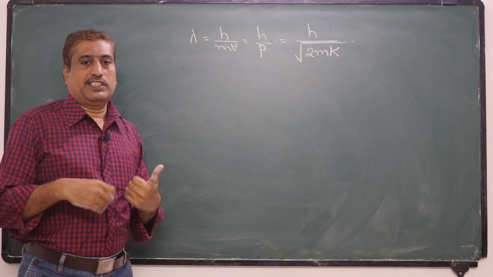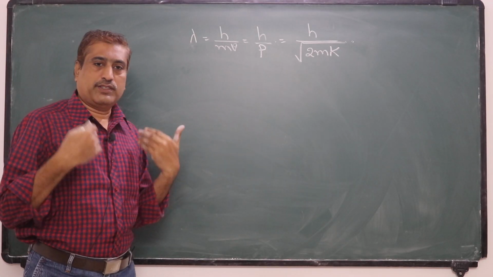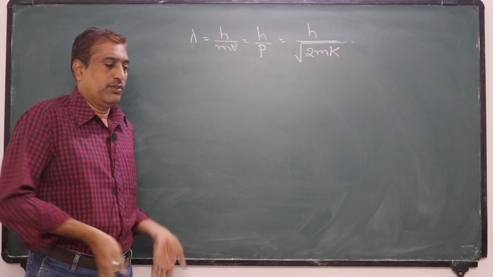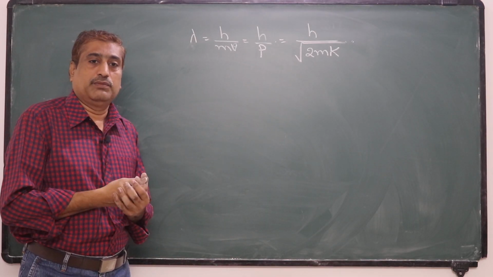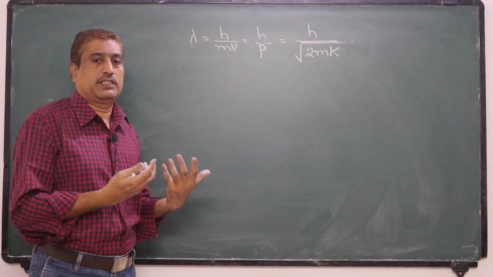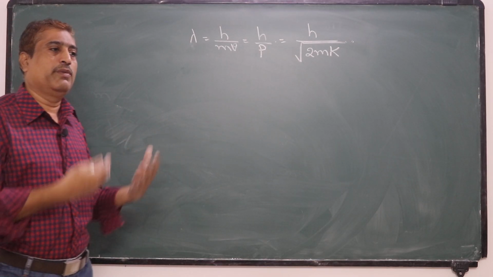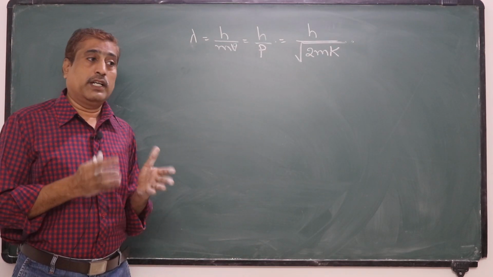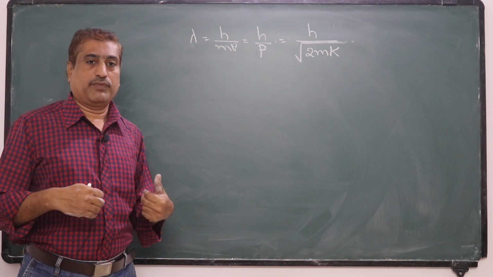Now a question arises: we are also moving, we are also material bodies. As I am moving, there is a wave associated with me. Then where is that wave? Can we experience that wave? We have mass and we move with a certain velocity, so according to de Broglie there must be a wave along with us.